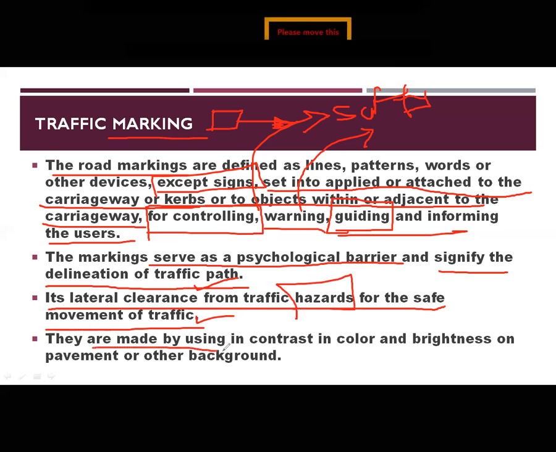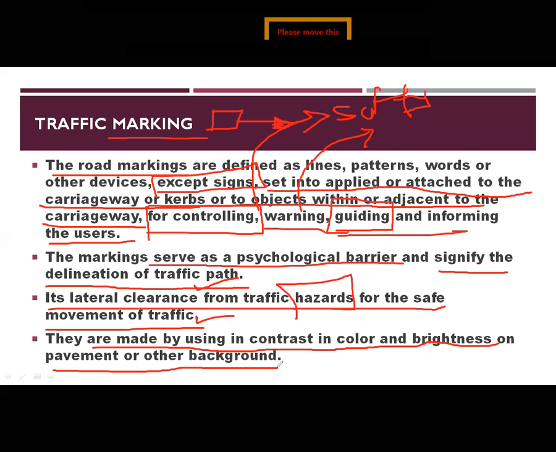They are made using contrast in color and brightness on the pavement or the background. As I told you, on the footpath, on the curb, on the shoulder, on the road surface, on the divider, wherever contrasting colors are provided, they will be visible whether it is day or night.